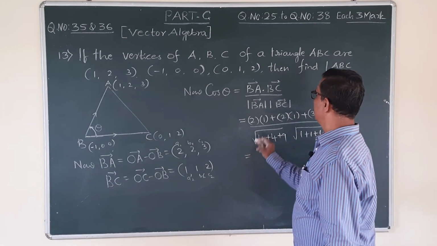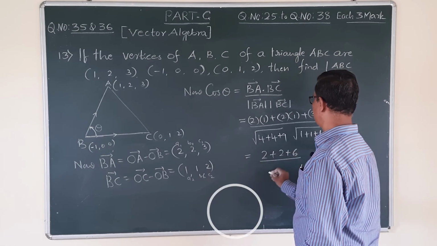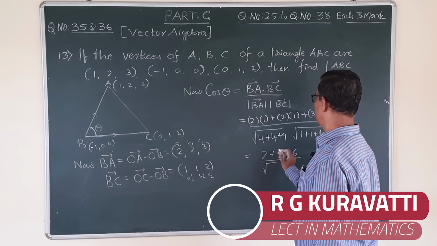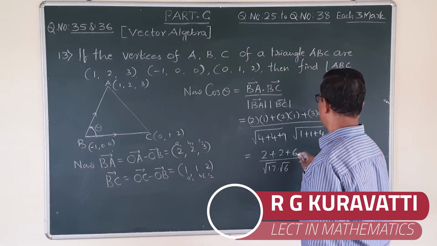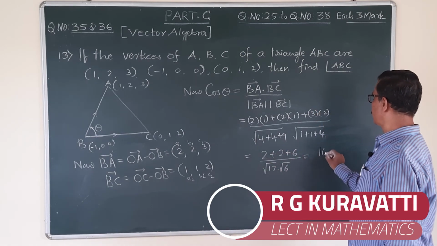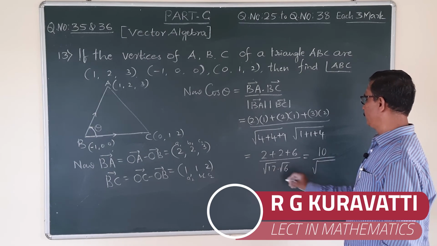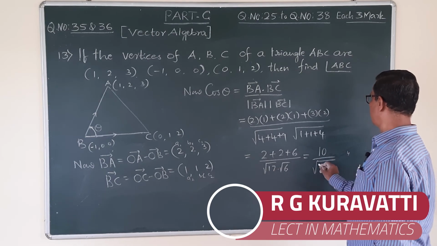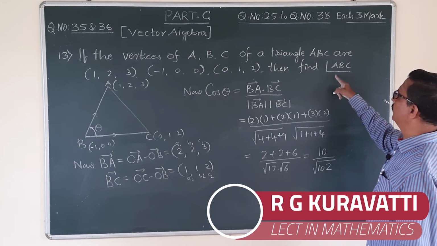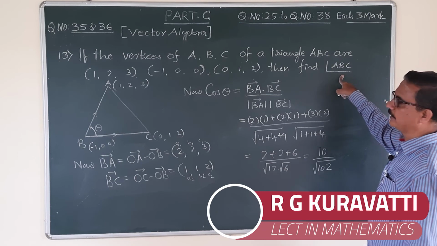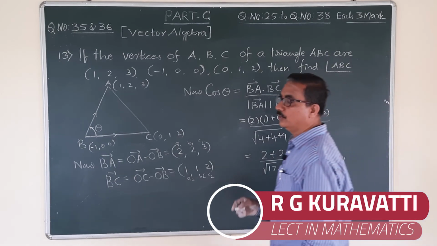Simplify. 2 into 1 is 2, plus 2, plus 3 twos are 6, divided by root 17 into root 6. 6 plus 2 is 8, 8 plus 2 is 10, divided by root 17 into root 6. Multiply: 6 sevens are 42, 6 ones, that is root 102. So the angle ABC: cos theta is equal to 10 divided by root 102.